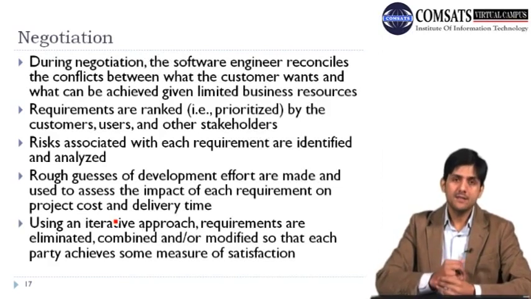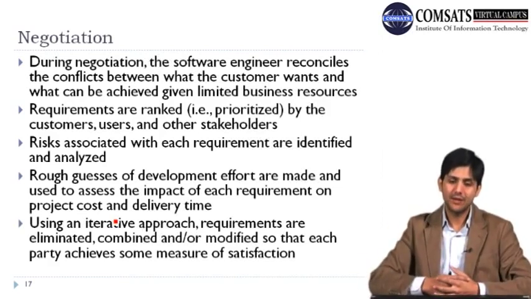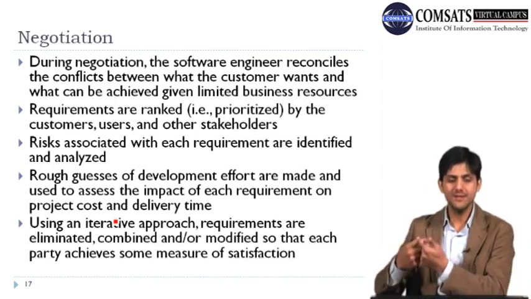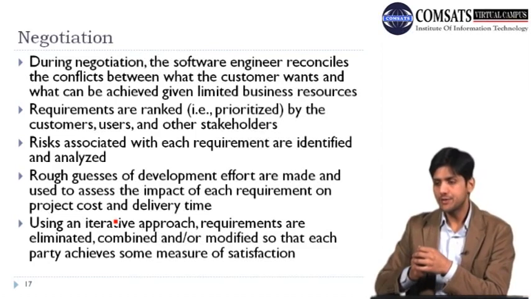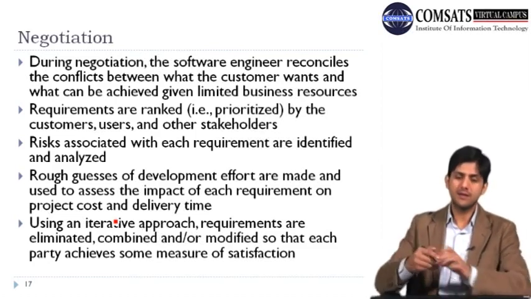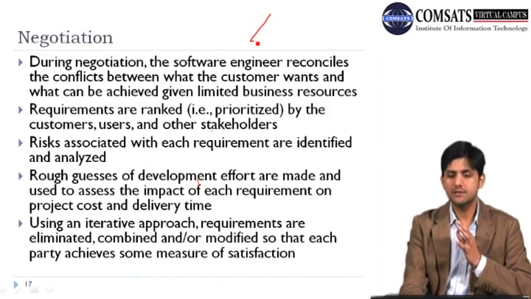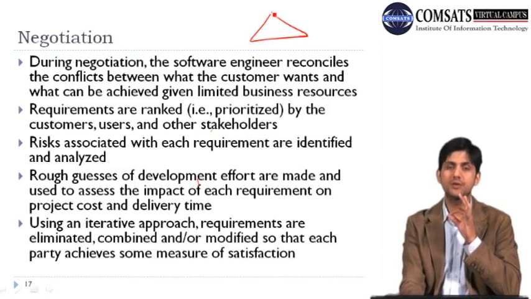So what does a software engineer or requirements analyst do during negotiation? During negotiation, the software engineer reconciles the conflicts between what the customer wants and what can be achieved given limited business resources. So remember always that in project management we say that there are three constraints to a system that you are going to make, or a project that you are going to do.